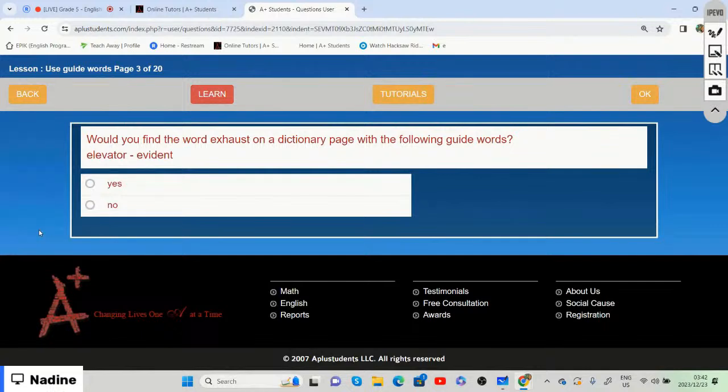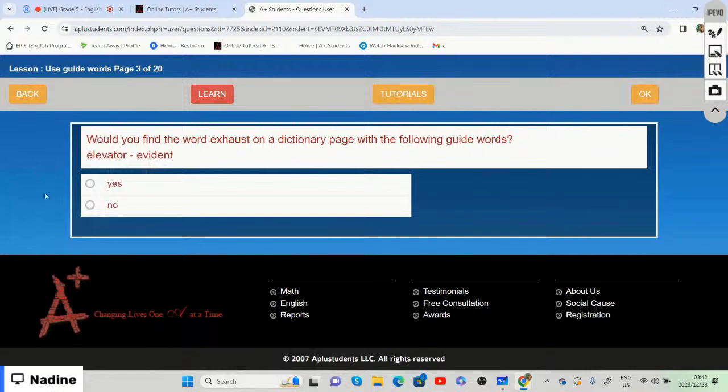So now, exhaust. Well, do we find exhaust in between elevator and evident?